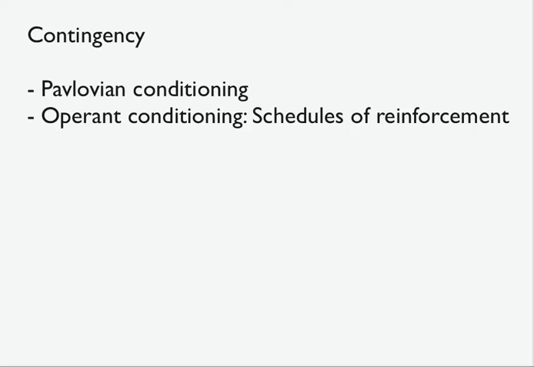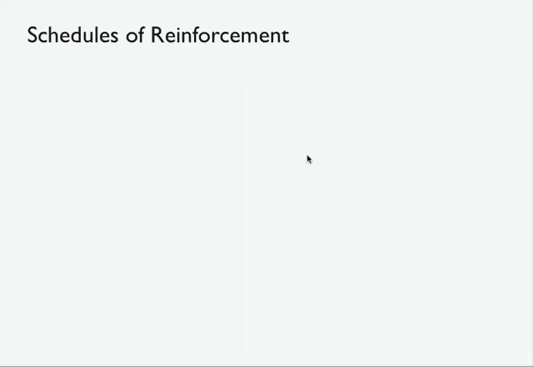So let's focus now on schedules of reinforcement. We'll focus on what reinforcement could be dependent on. And in general, we can think about two main things that reinforcement could be dependent on.